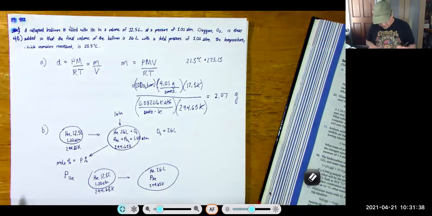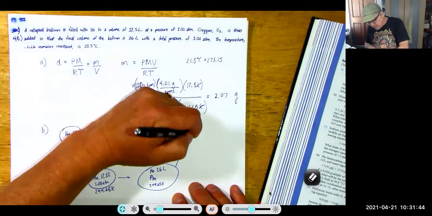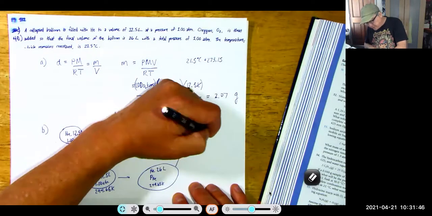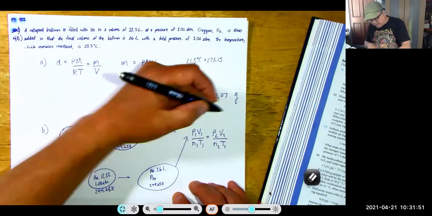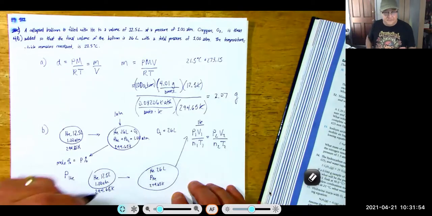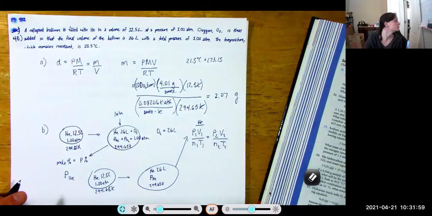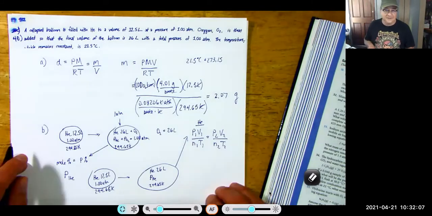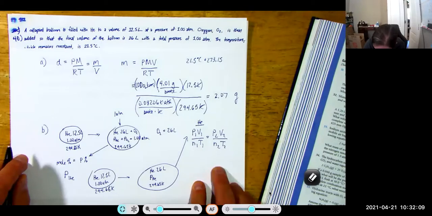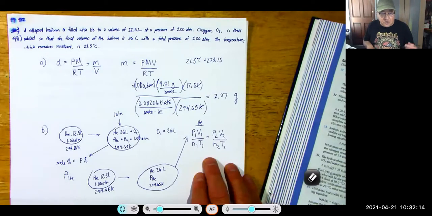Yes. So we're going to use P1V1 over N1T1 is equal to P2V2 over N2T2 for helium. Whose law is that? It's Tony's law. Now, what do we get to do if the moles of gas don't change?